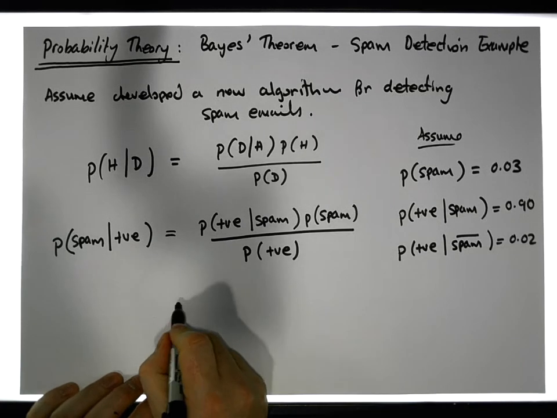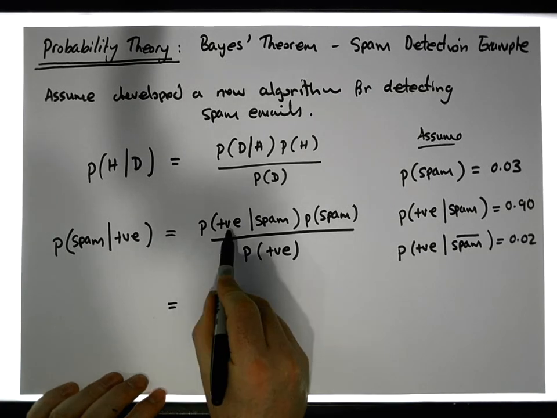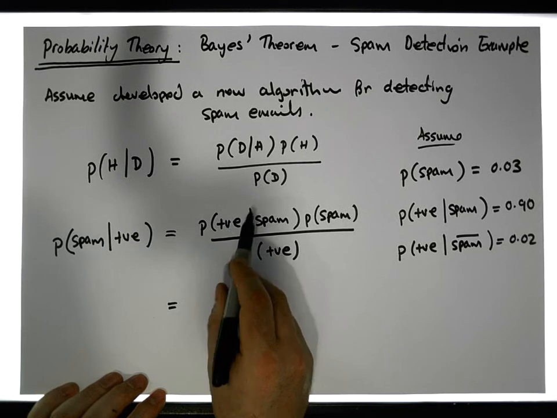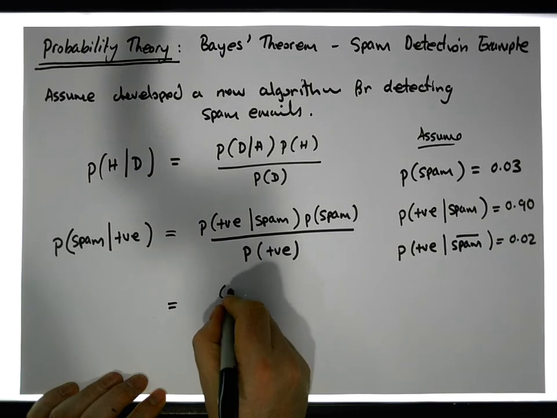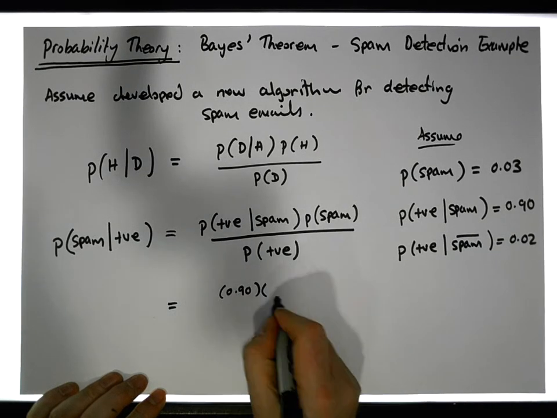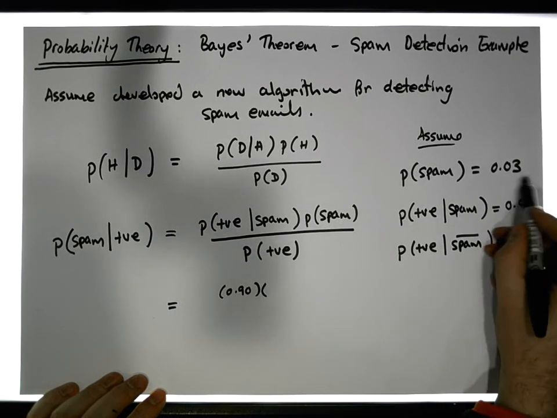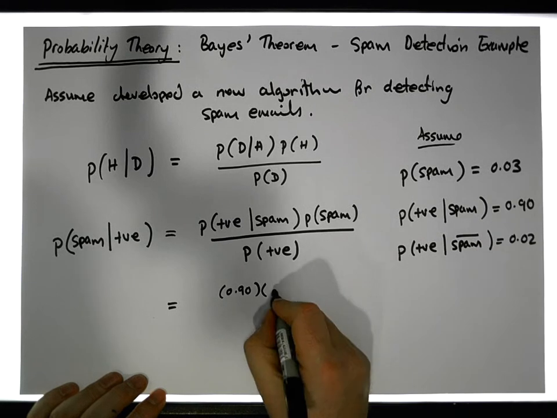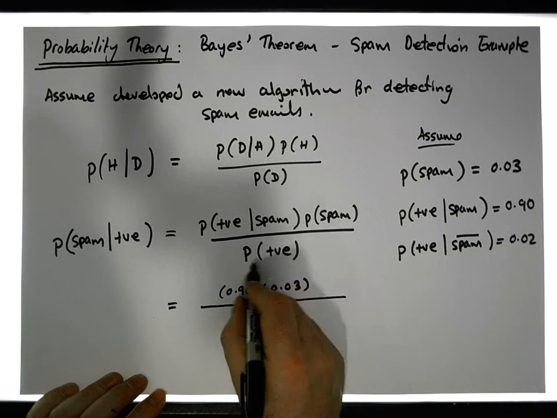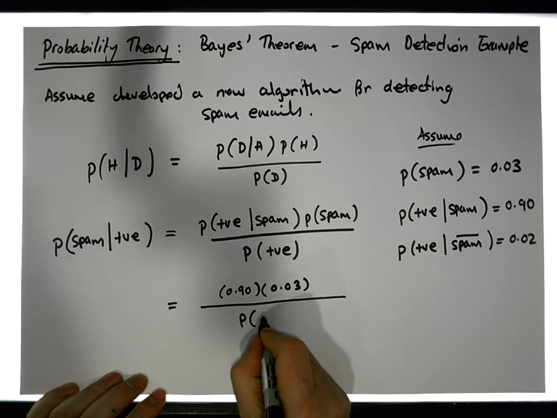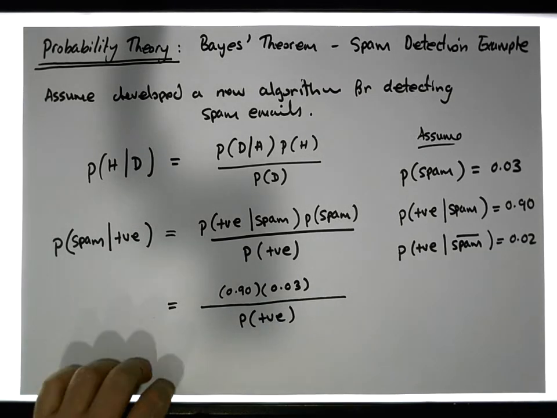We have that the probability of an email being classified as positive, classified as spam, when we actually give it spam, is 0.90. So this is 0.90 times the probability of a spam email. We know that 3 emails in 100 are spam, so that's times 0.03, divided by this probability here, this probability of a positive detection.